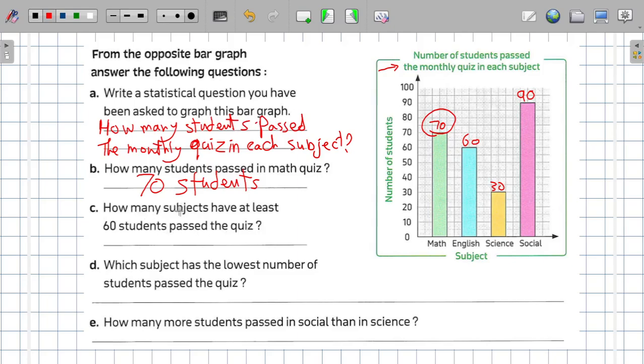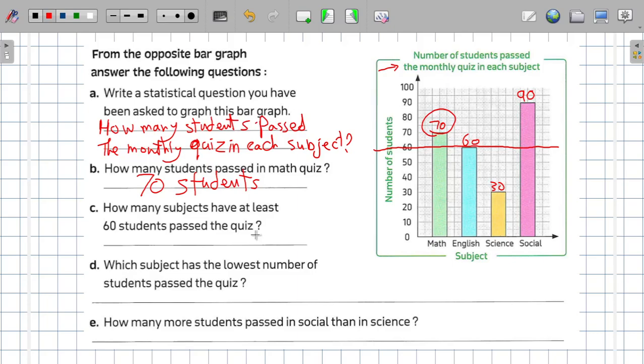So I would go to 60 and I would draw a line like this. Okay, at least means I want 60 and more.